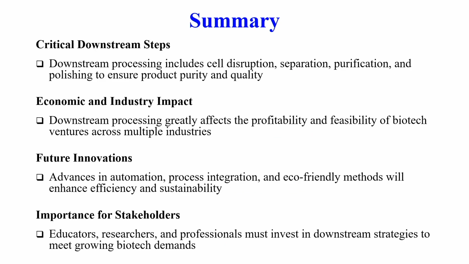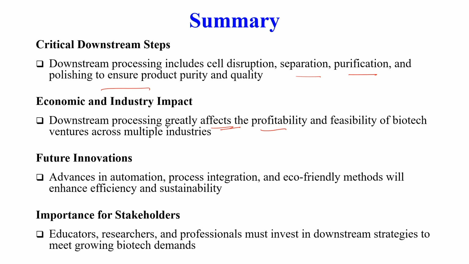So, we can now summarize the critical downstream processing steps. The first is cell disruption, separation, purification and polishing to ensure product purity and quality. On the economic side, downstream processing greatly affects profitability, because more steps mean more downstream processing cost.